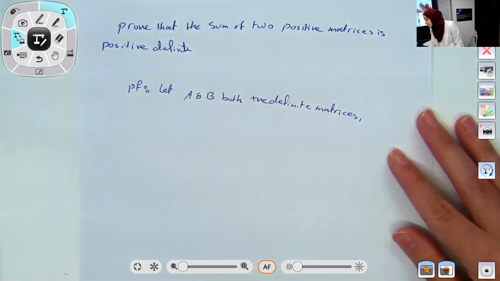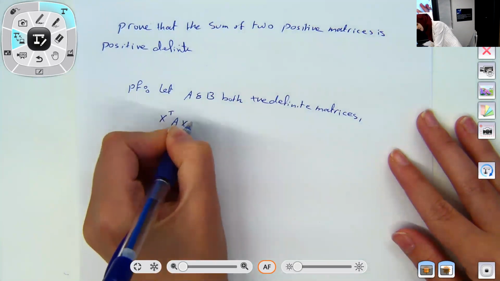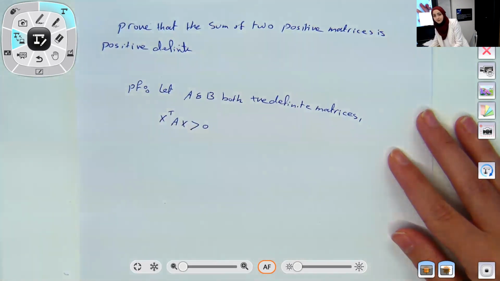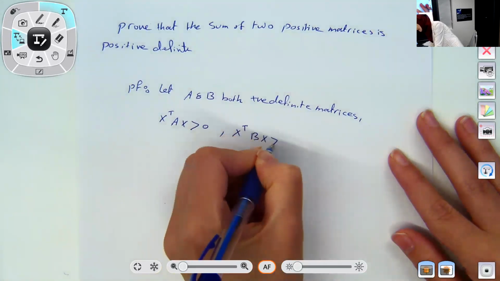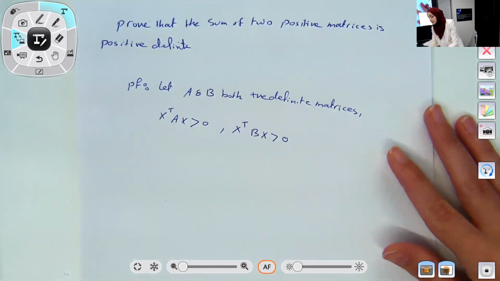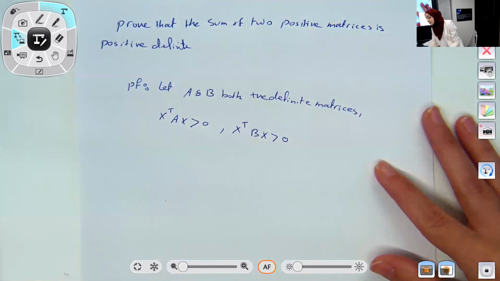Because we suppose both are positive definite, that means x transpose A x is greater than 0. This is the first thing, for the matrix A. And for the matrix B, x transpose B x is greater than 0. This one is positive and this one is positive. Let's add them together.